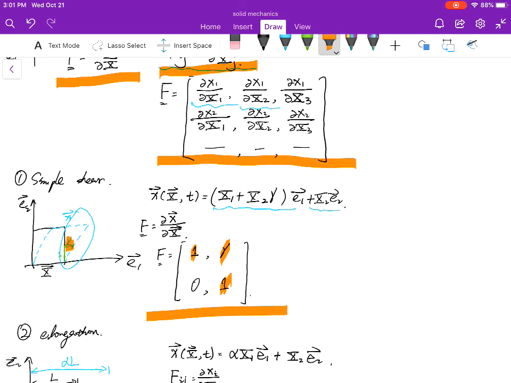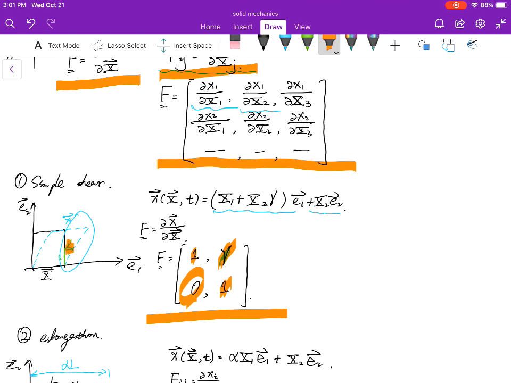we have gamma here. And if we have shear along the E2 direction, we expect to have gamma in this position. That's what we learned from simple shear.